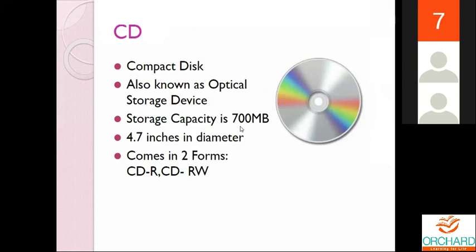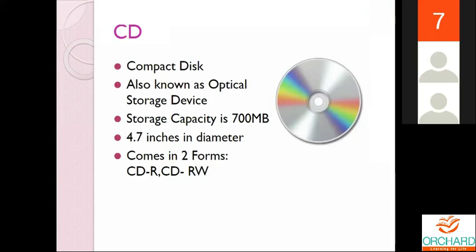This is a CD. The full form of CD is compact disc. It is also known as an optical storage device. See, this CD is a flat round disc. It is made up of polycarbonate. Polycarbonate, in the sense, is a kind of plastic.